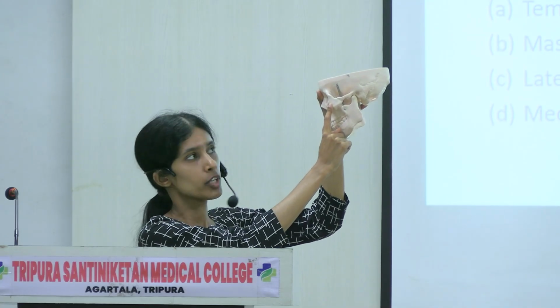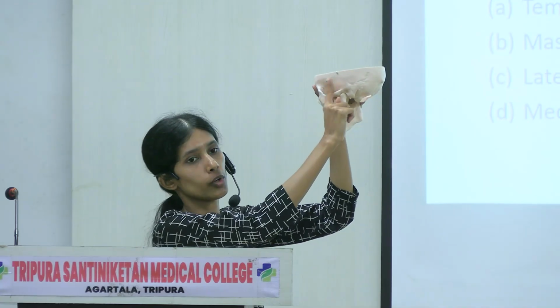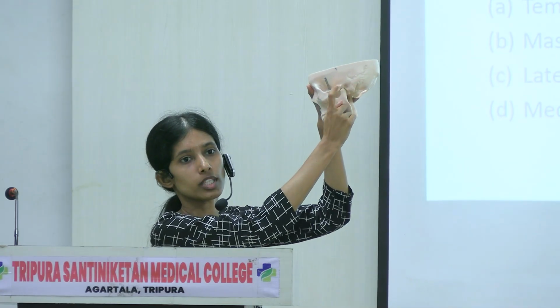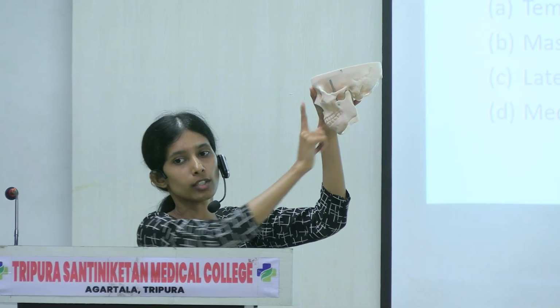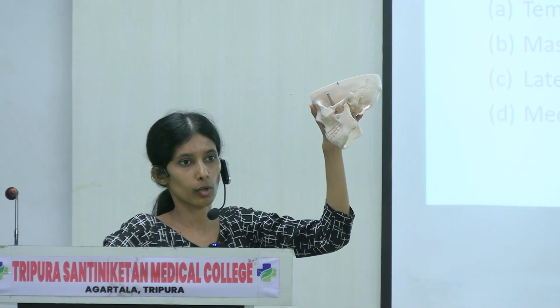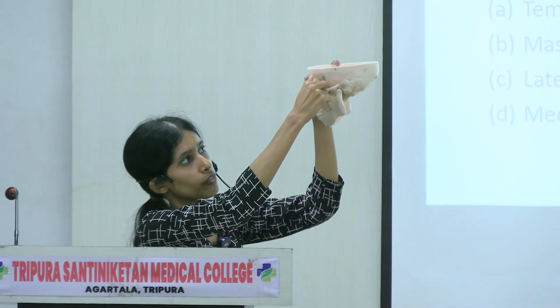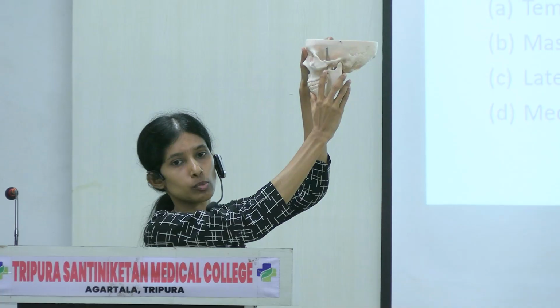Zygomatic bone, okay. So, your temporal muscle originates from the floor of the temporal fossa, that means the temporal bone except the zygomatic bone, and it also arises from the temporal fascia, okay. And later the tendon will run in this part and it will reach until this point.